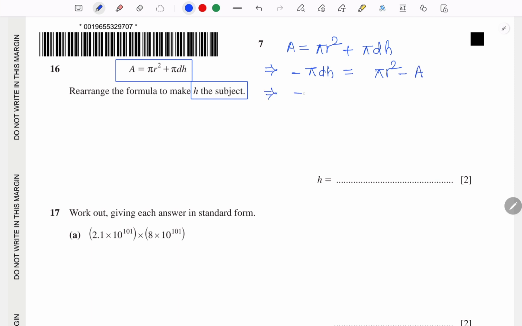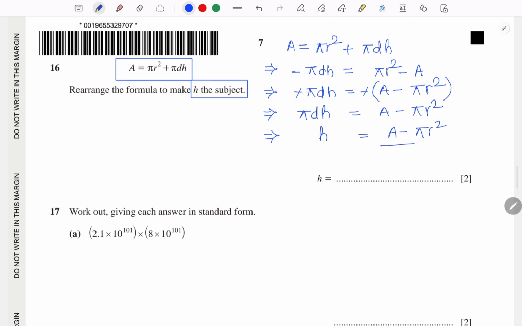If I take the negative common from both sides, I will get A minus pi r squared with a negative sign here. These negative signs will get cancelled out. Pi dh is equal to A minus pi r squared. From here, I can write h is equal to (A minus pi r squared) upon pi d.